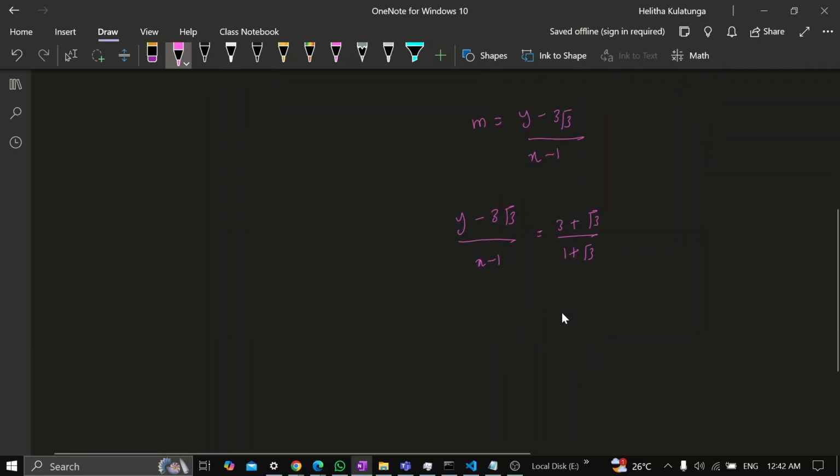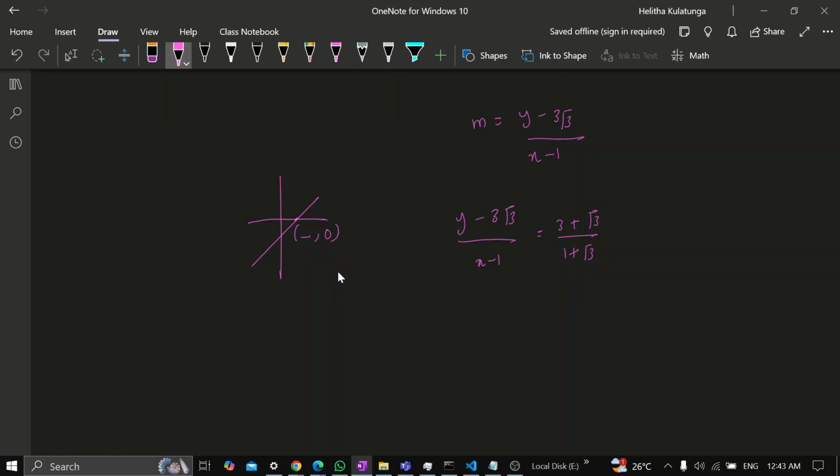We're supposed to show that the line L meets the x-axis at this particular point. If this is the coordinate axis, we need to find at which point the line L will meet the x-axis. At that point, we know that y should be 0, and x is what we have to find.